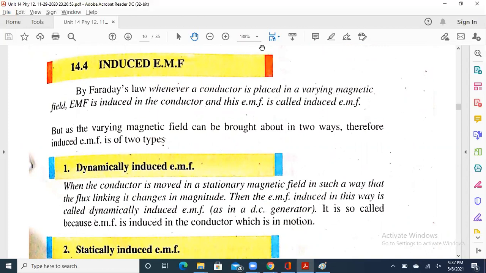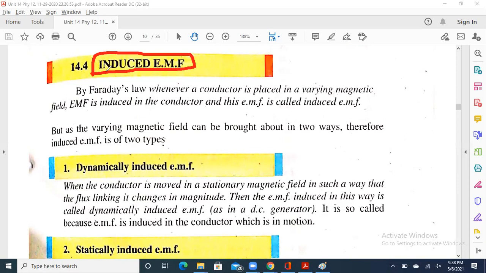Just as a reminder of the previous lecture: when there is a relative motion between a magnet and a coil which is attached to a circuit, that EMF will be the induced EMF.